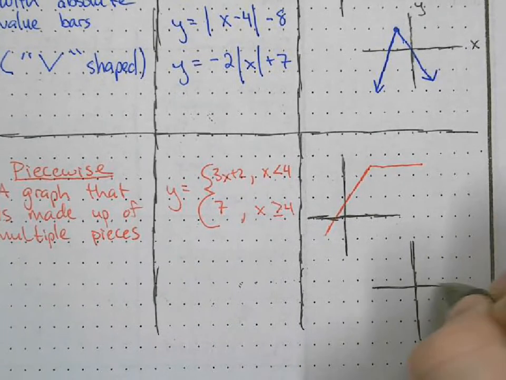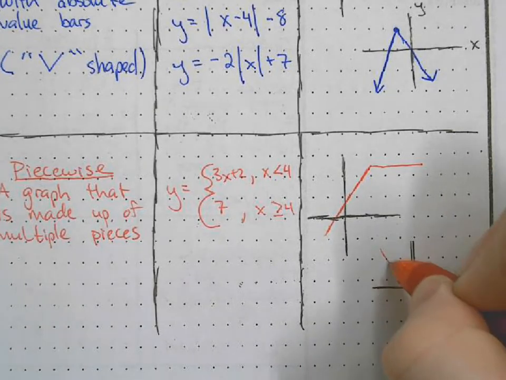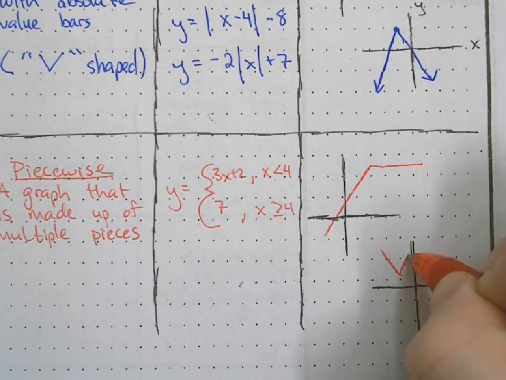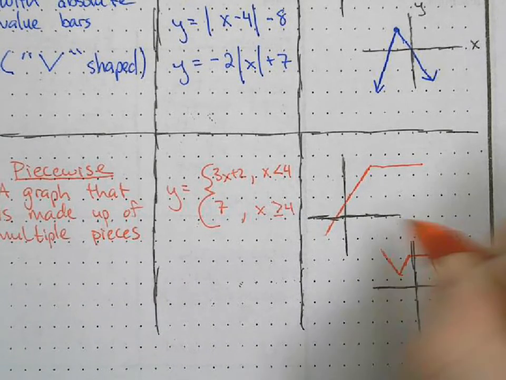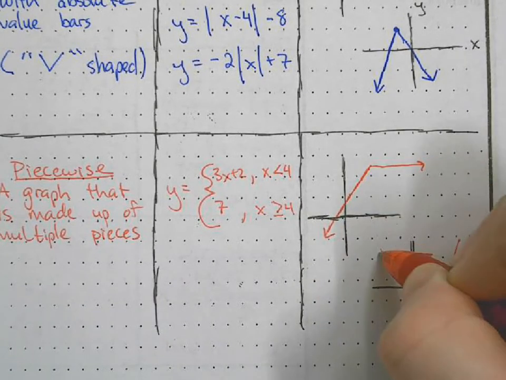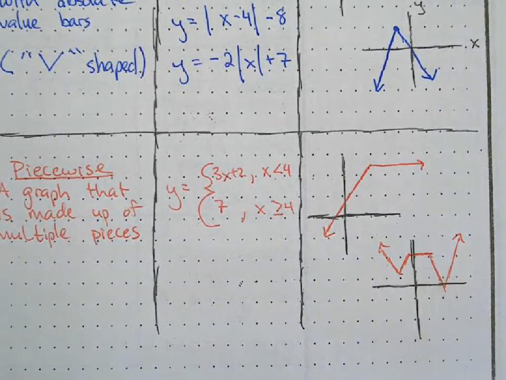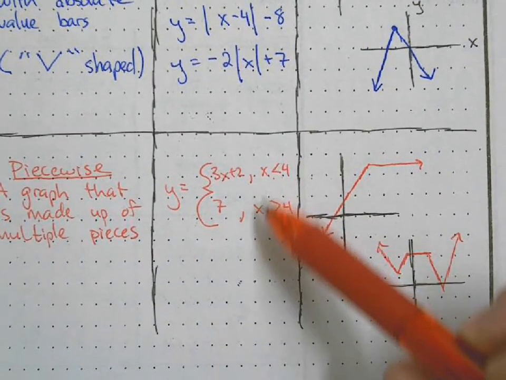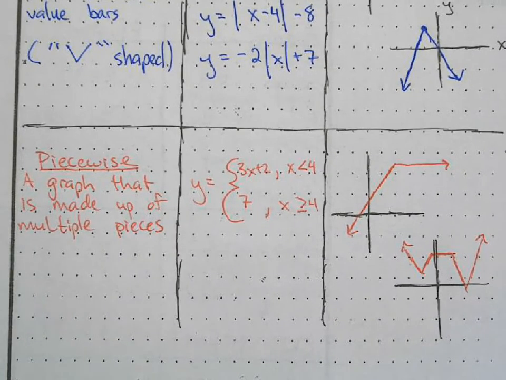We could have more than one piece or more than two pieces. I could go down, and then go up, flatten out, down, and then up again. So I would just need 1, 2, 3, 4, 5 equations written like so. And that's what a piecewise function looks like. And those are our 5 families.